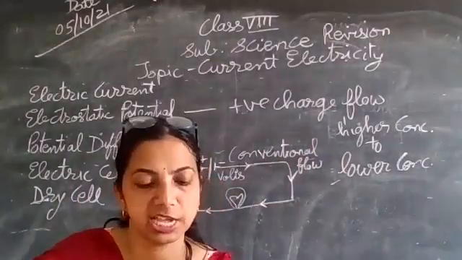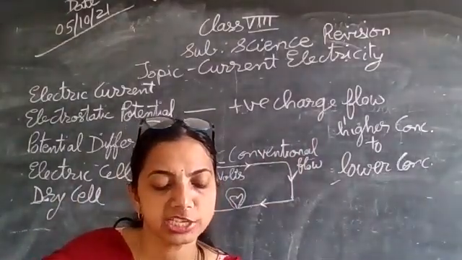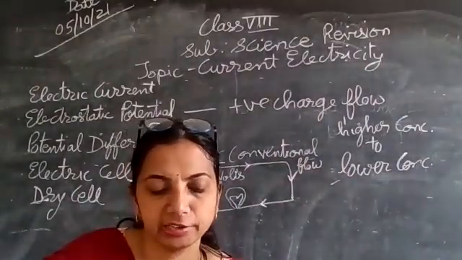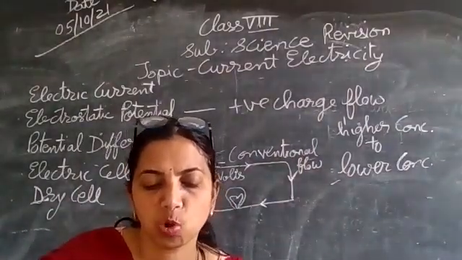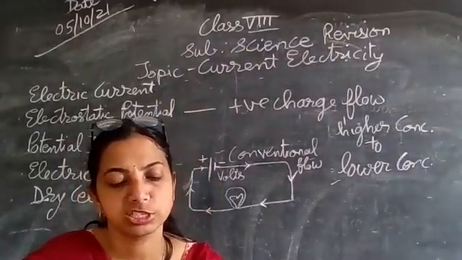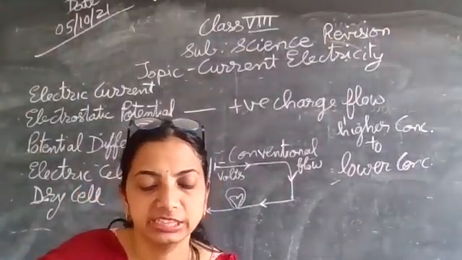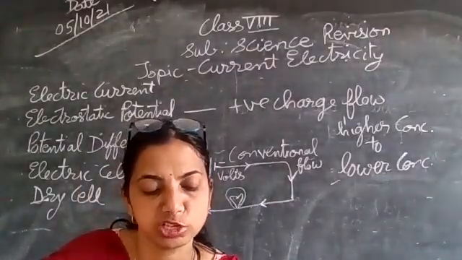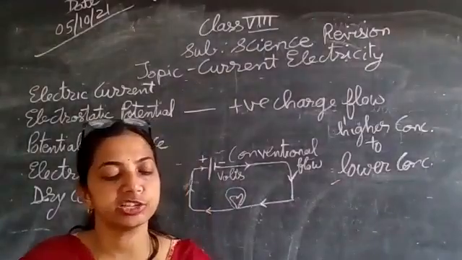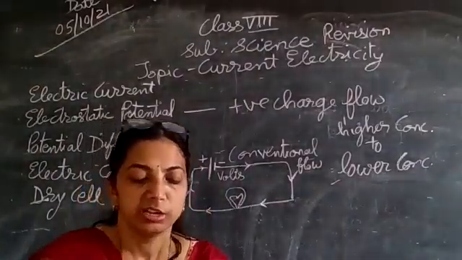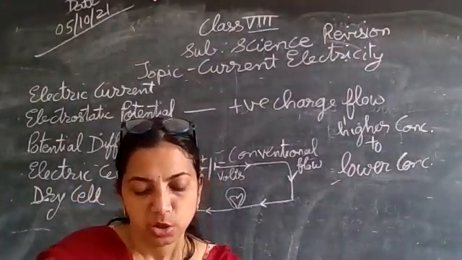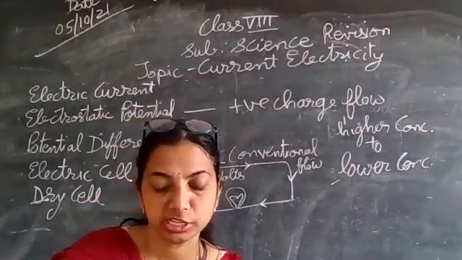Then what is a dry cell? Dry cells are used in handy machinery like radios, clocks, wall clocks, or torches. These are available in 3 to 4 small sizes. The construction of the dry cell we will study in the next class, where we use certain chemicals.